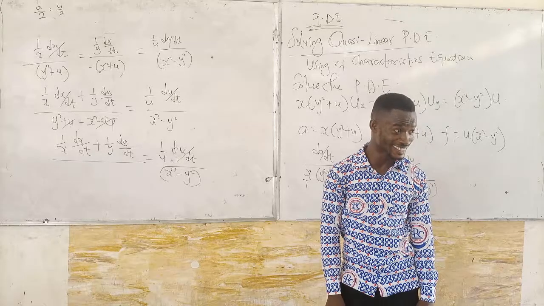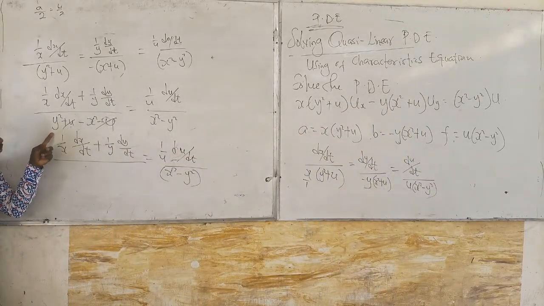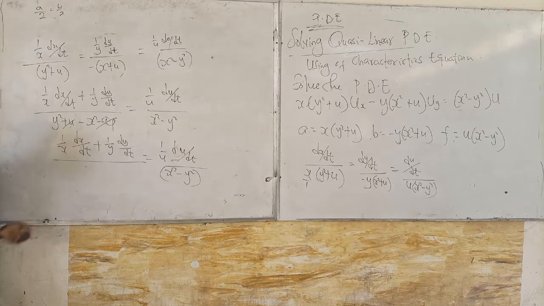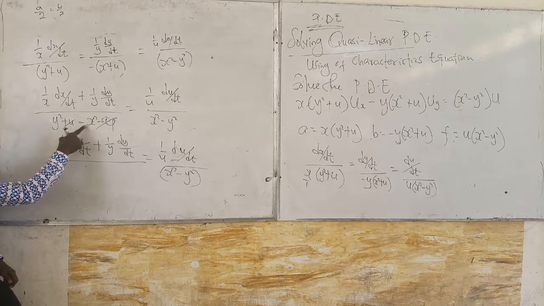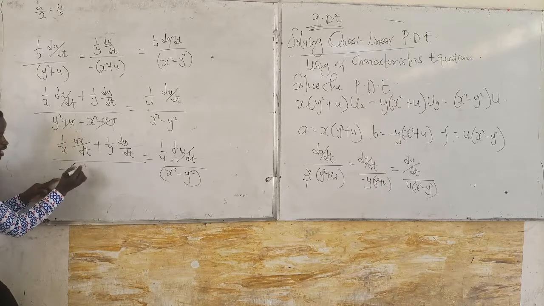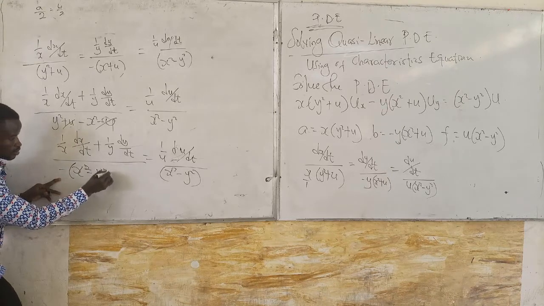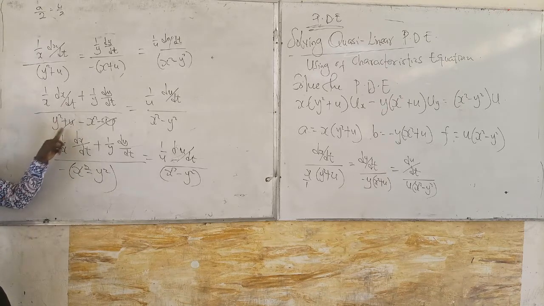Let's factorize the negative out. When you factorize the negative out, the x squared is negative, so that will come here and it will now become positive. You see that? Then minus. Multiply back, you get the same thing.